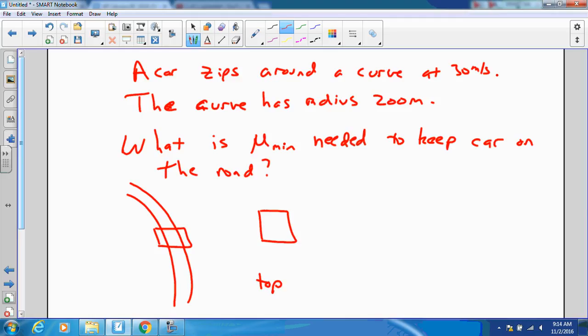So what does the free-body diagram look like from the top? Friction points left, exactly. The frictional force is going to have to keep the car on that curve.